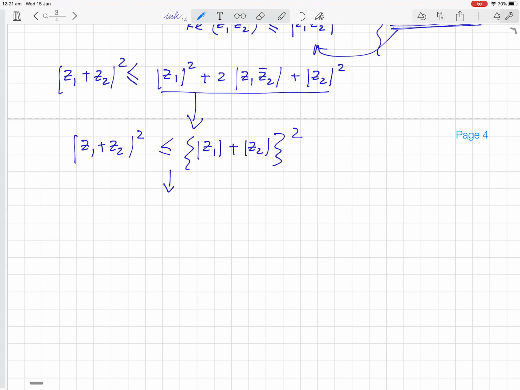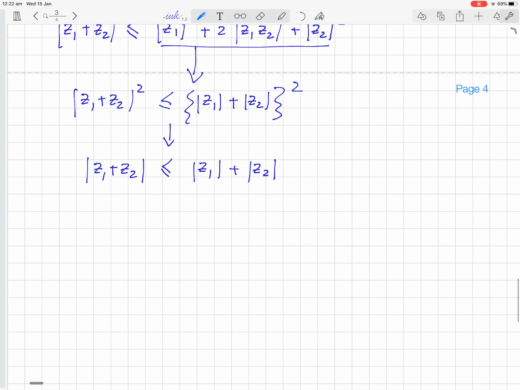Now you can take the square root, so |z1 + z2| is less than or equal to |z1| + |z2|. So we have proved this relation, which is very, very important for VCE Specialist Math students. Okay, thank you and see you next time.